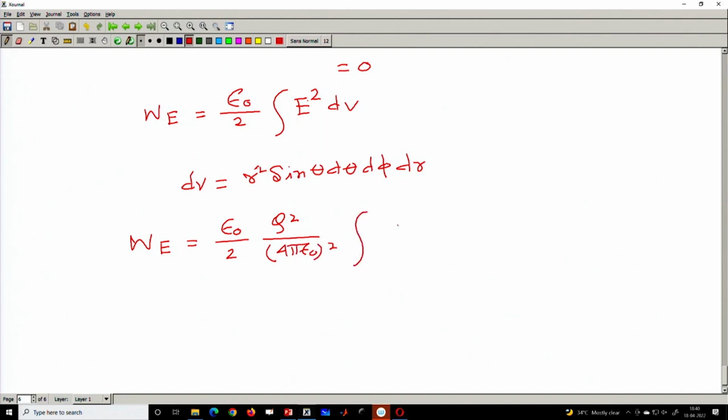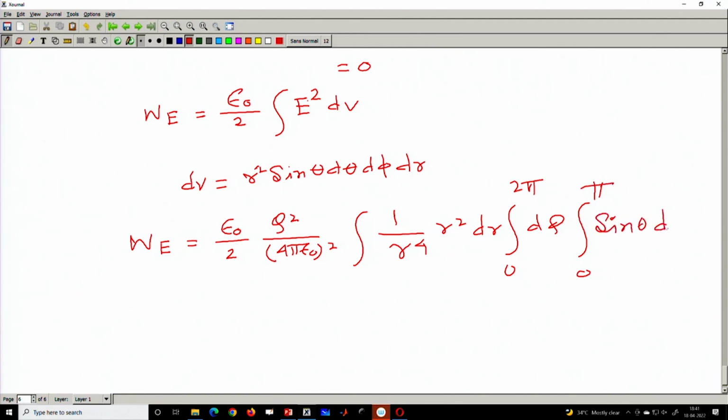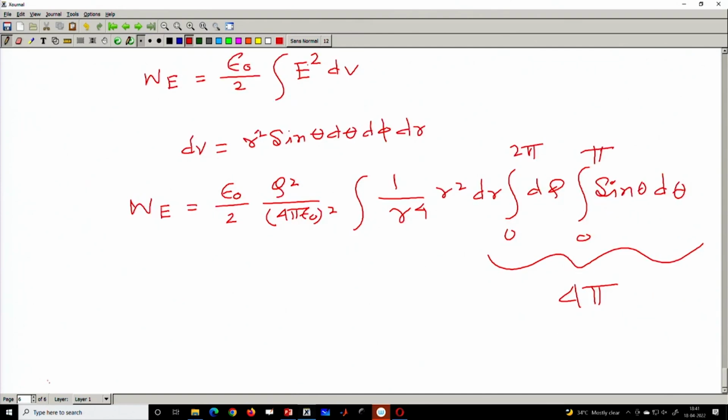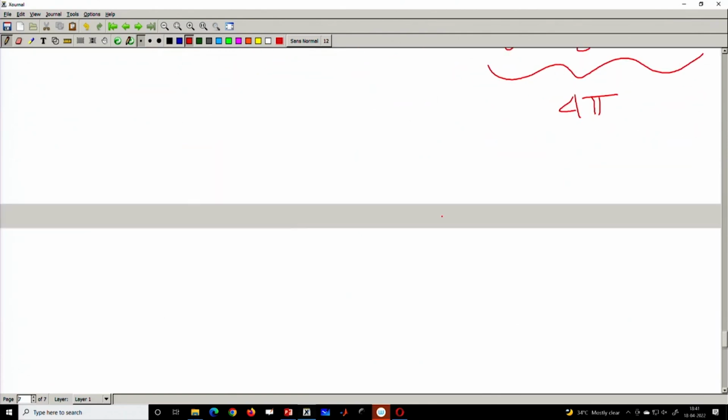Inside I should have 1 by r to the power 4 and then r square dr, and then 0 to 2 pi d phi and 0 to pi sin theta d theta. So, we know that this contribution always comes up to be 4 pi.